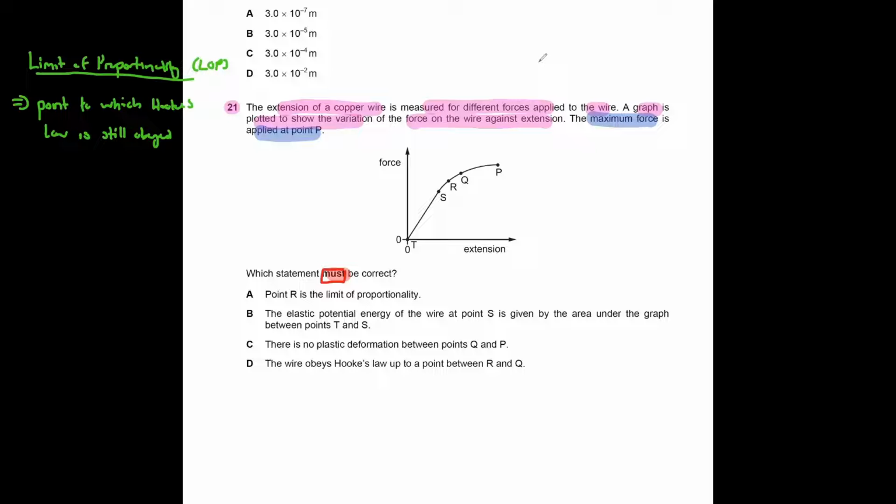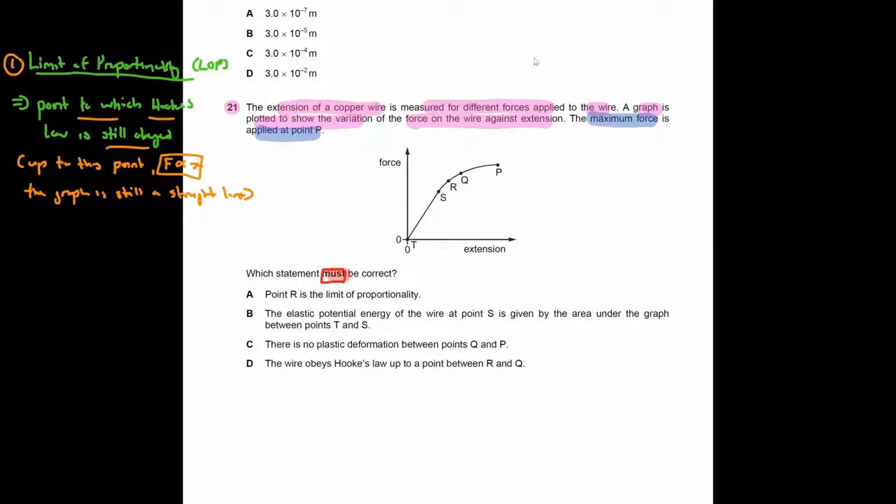Up to this point, force is directly proportional to extension. The graph is still a straight line.